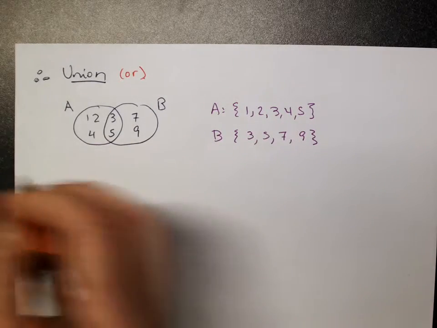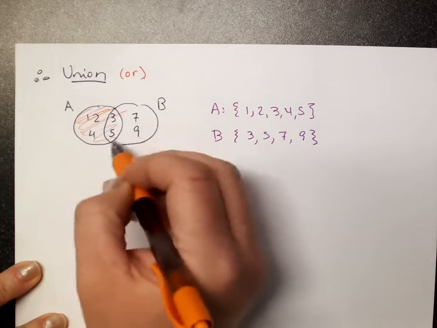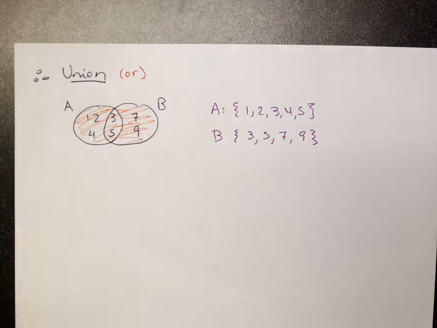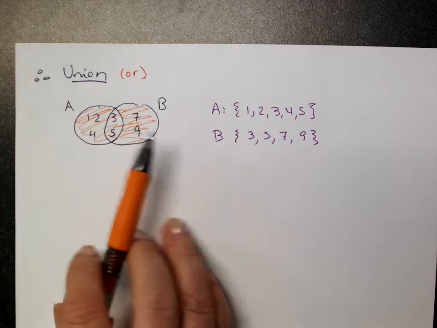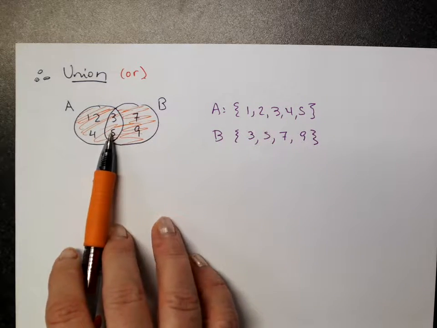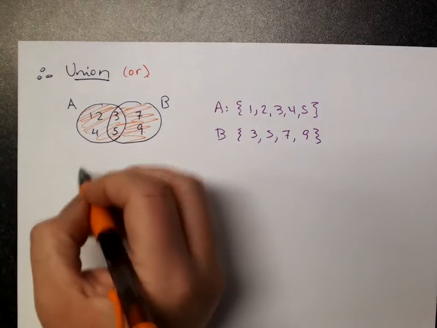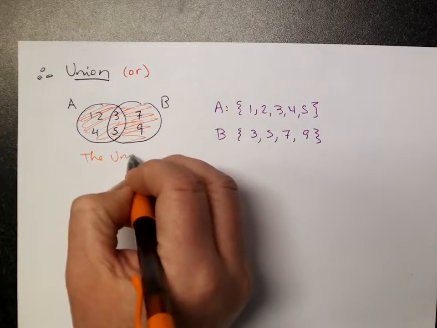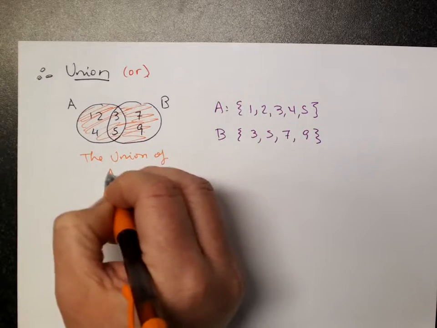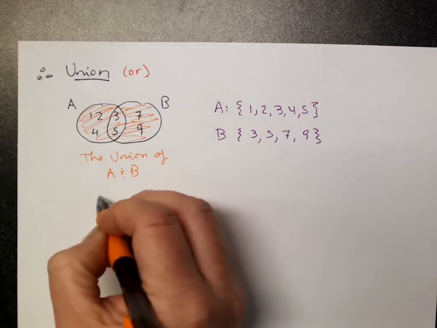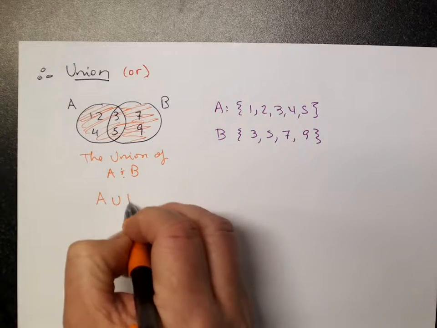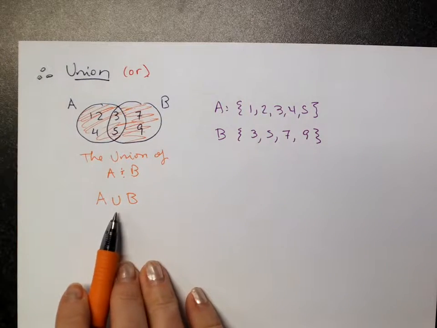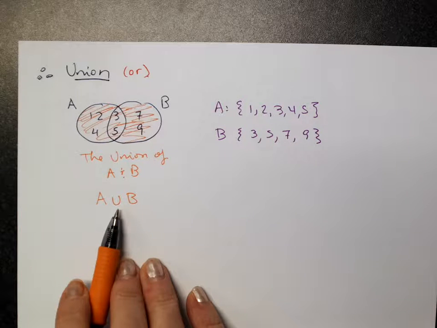So in math, that union, the "or," means everything you're looking at, whether it's only in A or only in B or it's in both. This is the union of A and B, and it's written this way, A union B. You probably recognized that before when we did graphs and we were doing domains of functions.